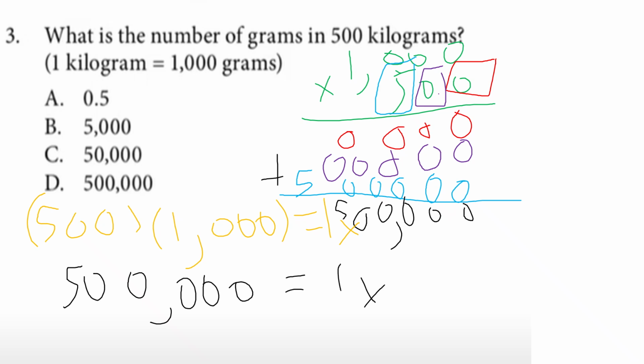And you can pretty much get rid of that 1 because it's not necessary, because you're going to divide both sides by 1, and it's just going to give you x equals 500,000. So our answer is for 500 kilograms, that is 500,000 grams.